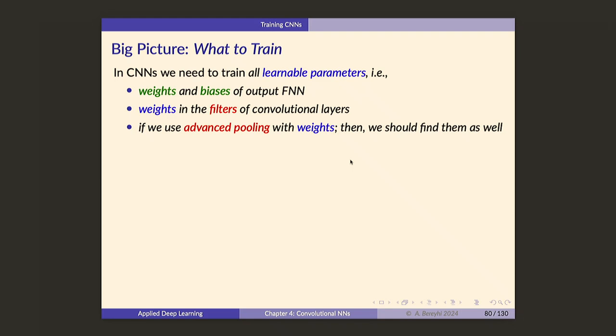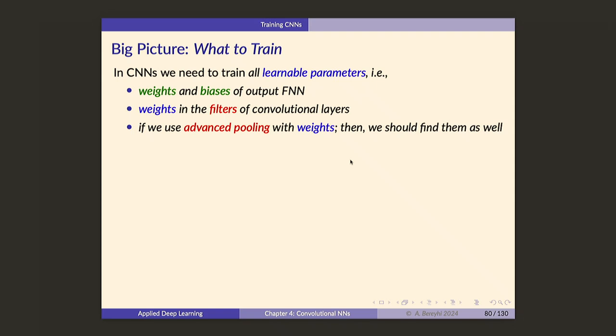We want to compute the loss between the output of that convolutional neural network and the ground truth, the true label in your dataset. Then we want to find the weights that minimize this loss. The parameters are, of course, the weights of the filters of those convolutional layers, and the weights and biases of the FNN.